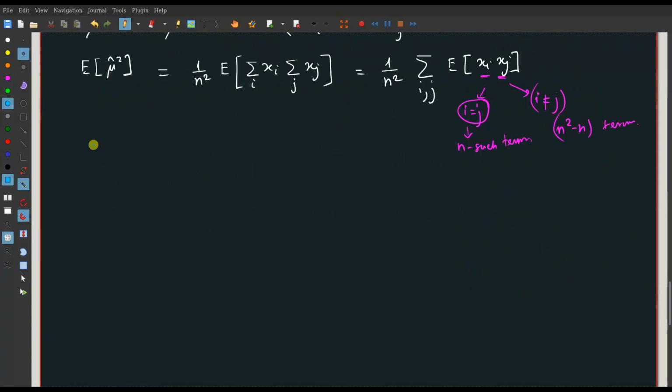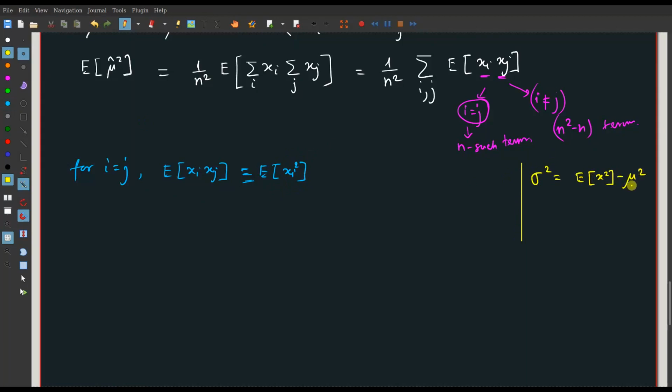So for diagonal terms, for i equals j, the expectation value of xi xj reduces to the expectation value of xi square. Again, these individual x's, x1 or x2 or x3, are sampled according to fx. For any xi, my definition of sigma square is the expectation value of x square minus mu square.